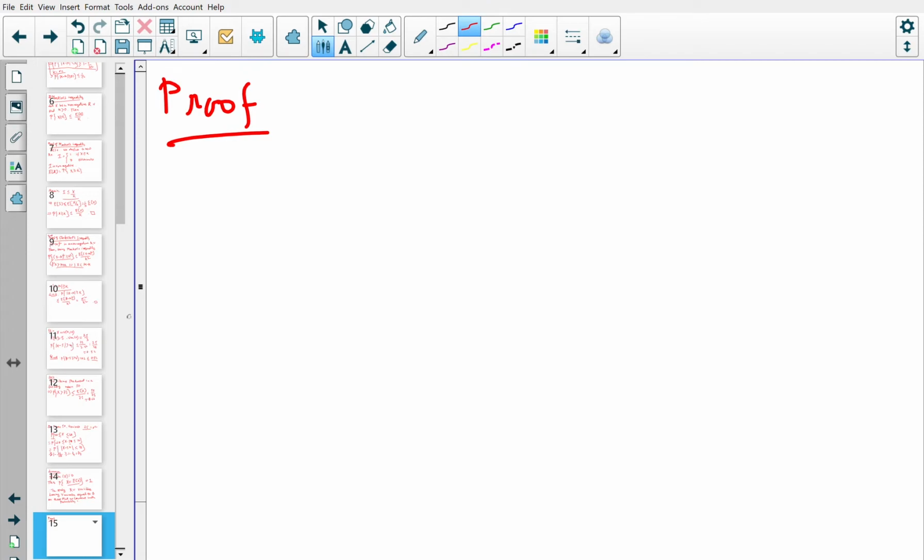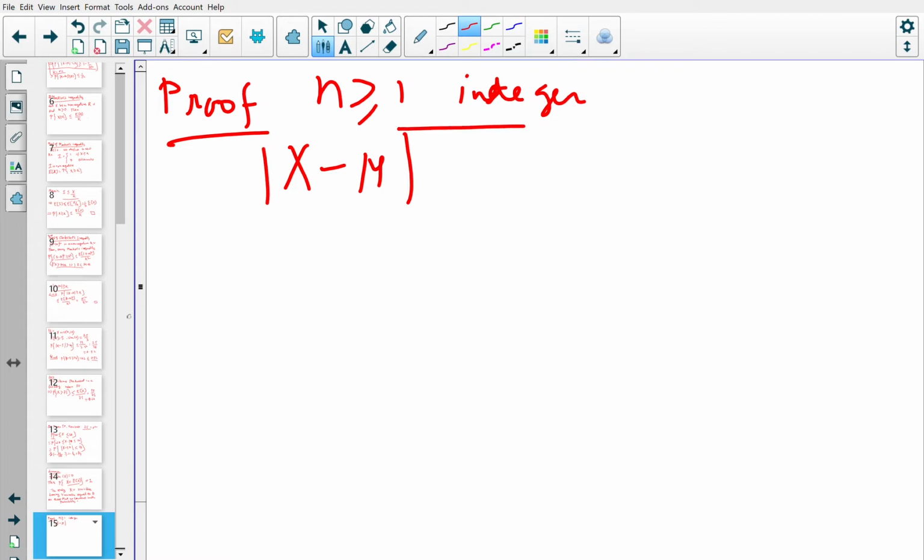Chebyshev inequality tells you about mod of x minus mu, and n is some integer greater than or equal to 1, and then you want to talk about the mod of this quantity.